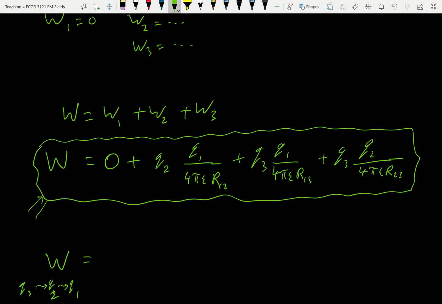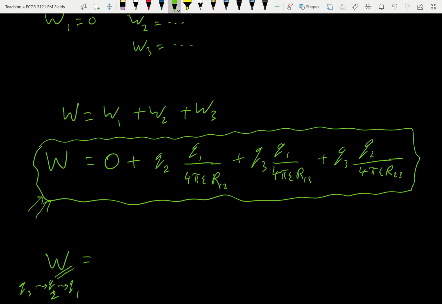So all I need to do is take this equation and swap 3 for 1. Instead of 3, put 1. Instead of 1, put 3. And I will get the same exact value for the energy, because I did not change anything. I only changed the order in which I'm bringing the charges into their fixed points within the universe.